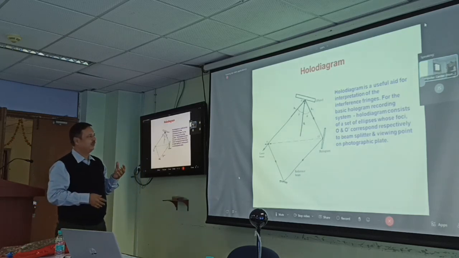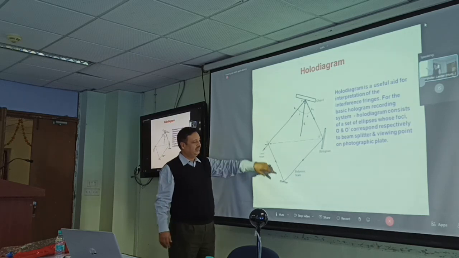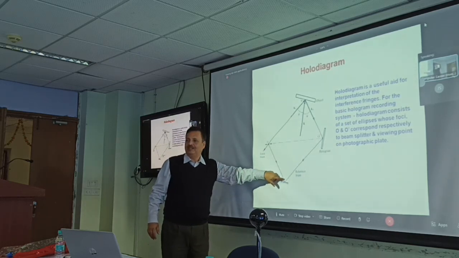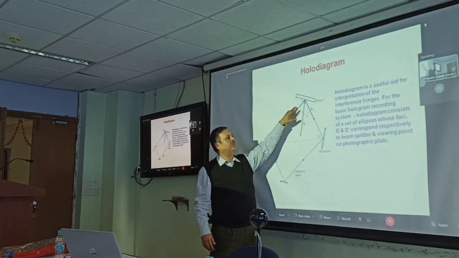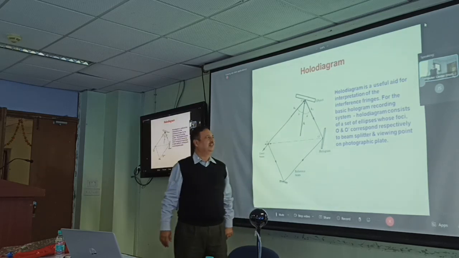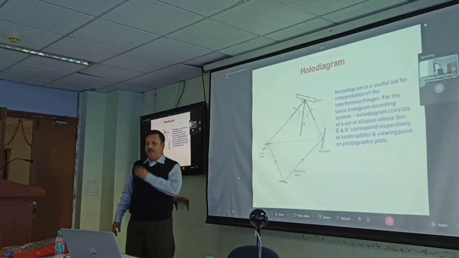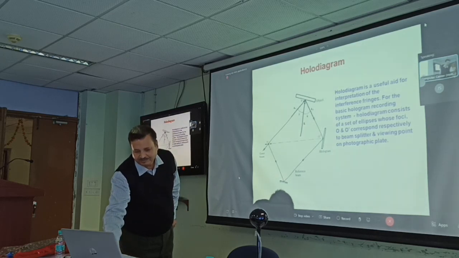For a basic hologram, you have the laser beam from here, and a mirror here that creates the reference beam, and here you have the object, and you are measuring this. These are the angles, K1 and K2. So you can measure this. So how does it help?